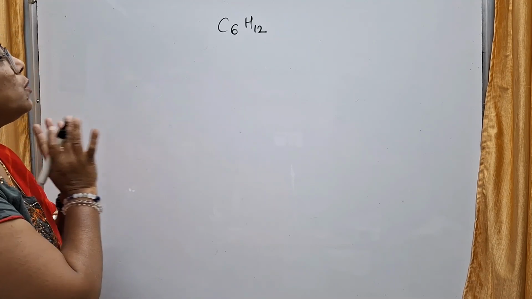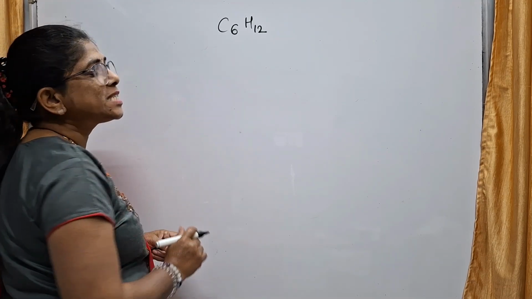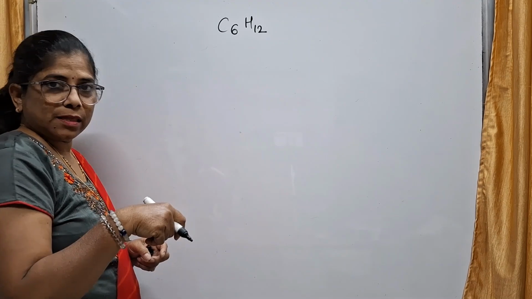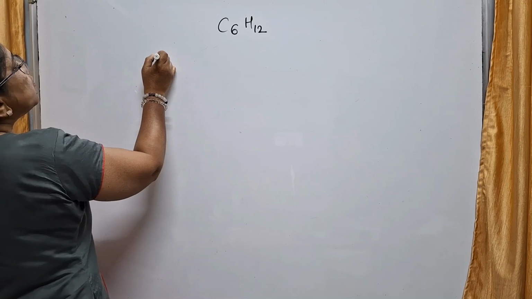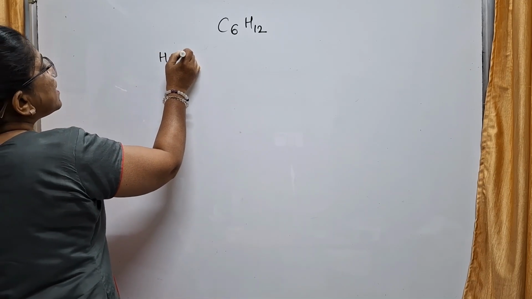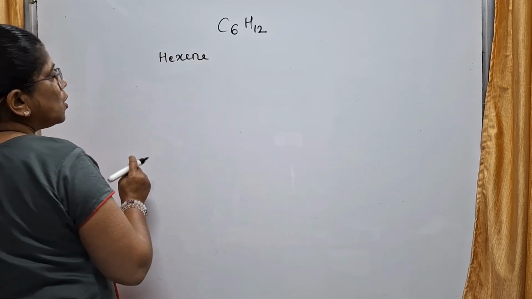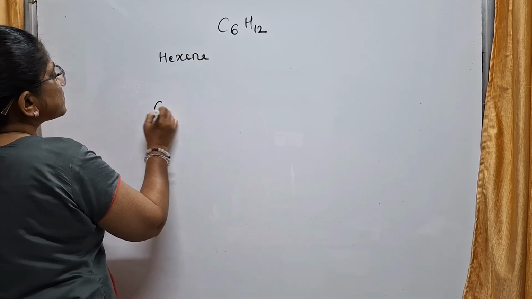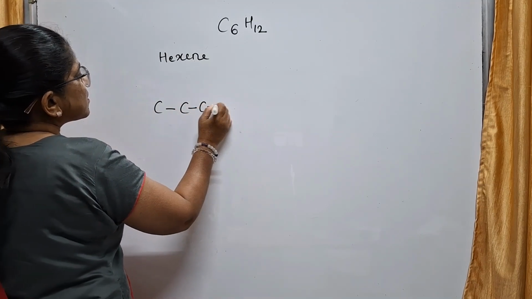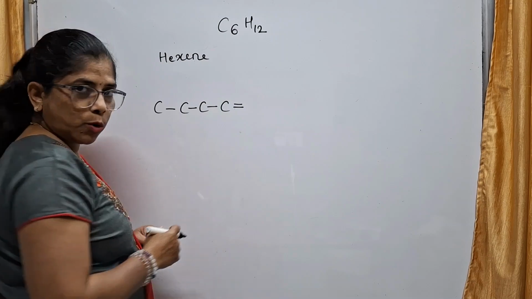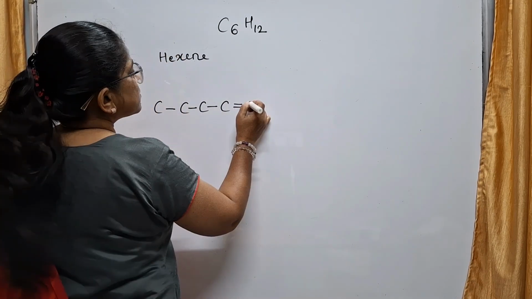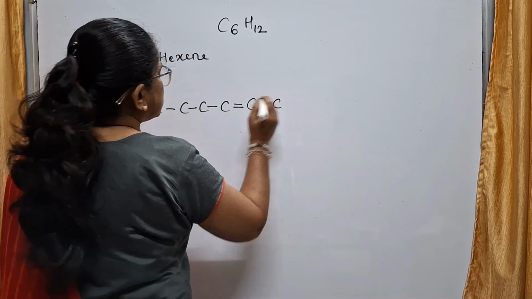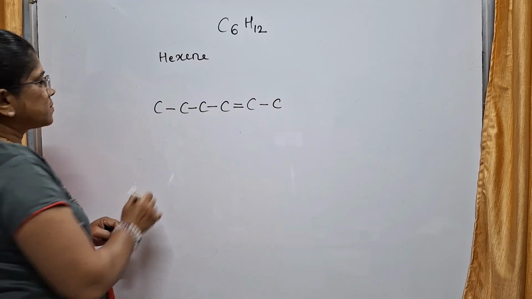So this is nothing but hexene, an alkene with 6 carbon atoms. So the one compound is hexene. Hexene means there is one double bond. You can put this double bond anywhere in between these 6 carbon atoms.